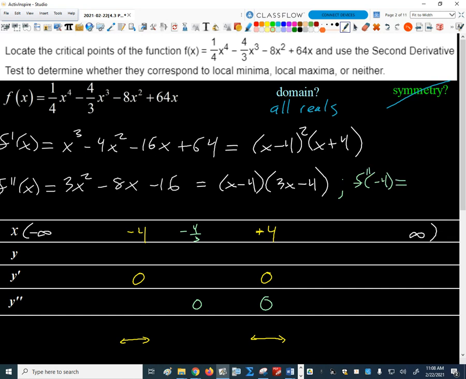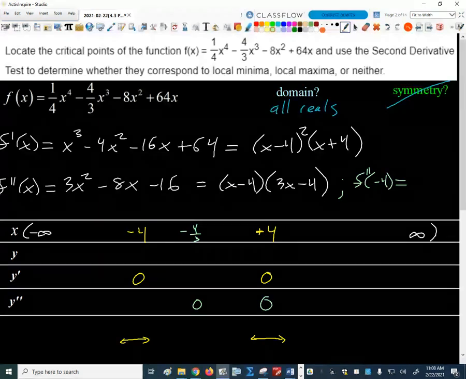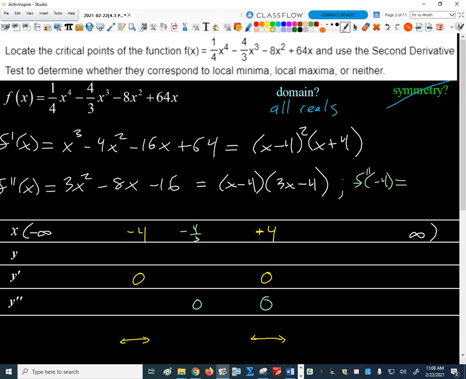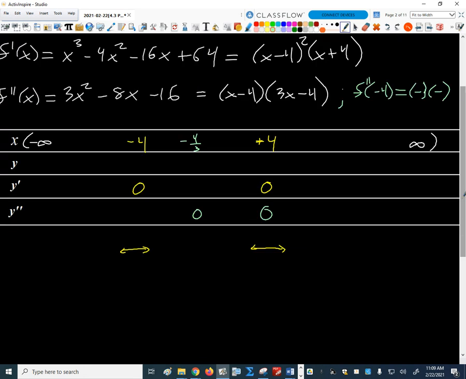F double prime of -4, sorry, is going to be, would everybody agree that's going to be negative times negative? Anybody buy that? So what's the sign of the second derivative then at -4? Positive, okay.